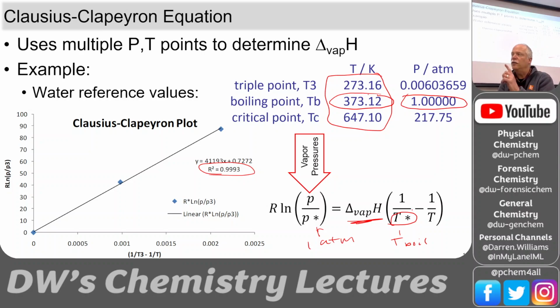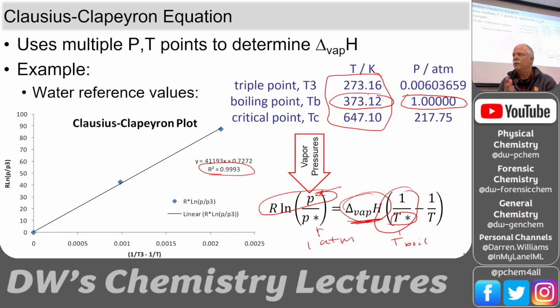Now what y'all are going to do is calculate this in the lab. You'll be putting in the temperature, calculating it, and then you're going to plot R ln P versus 1 over T, and the slope will be this delta H of vaporization. So for your gases, that'll be the last part of the lab.